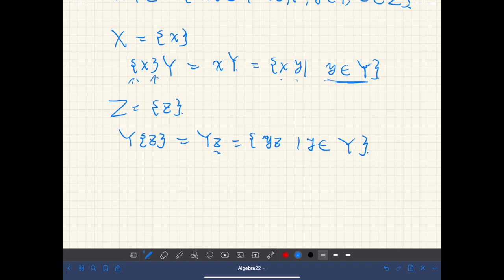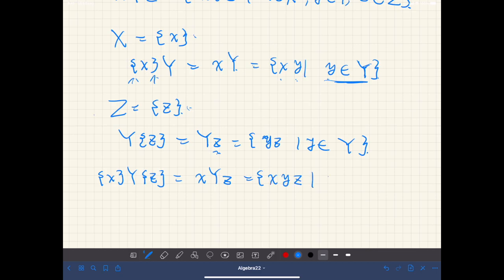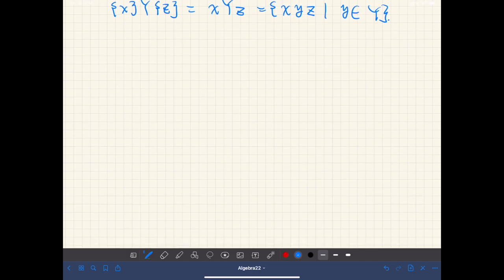And also, let's say X and Y are subsets consisting of one element each. Instead of writing like this, we write xyz to mean this subset. Now, you should note the following fact.